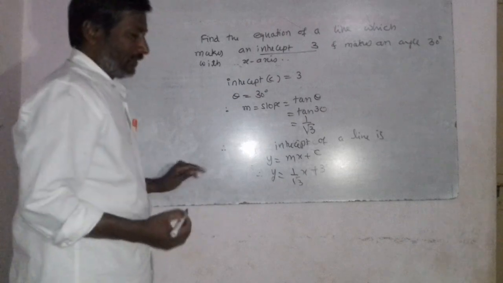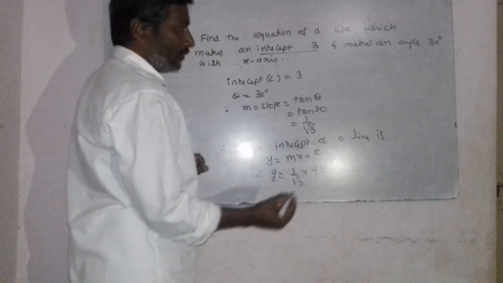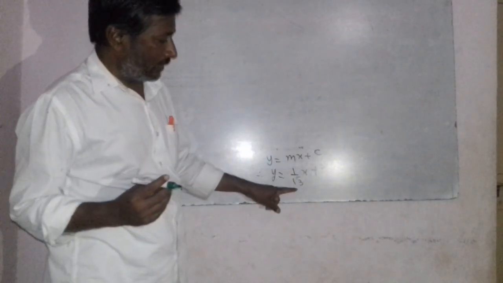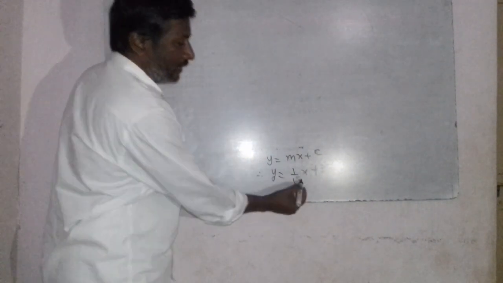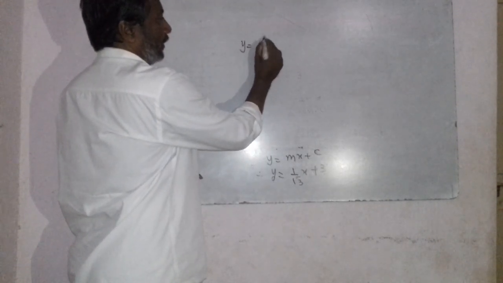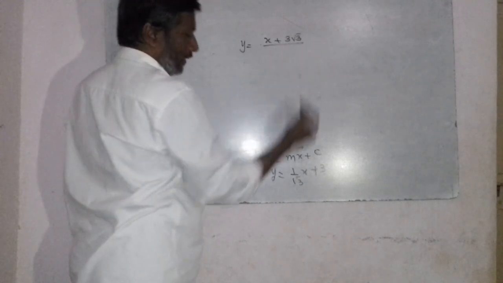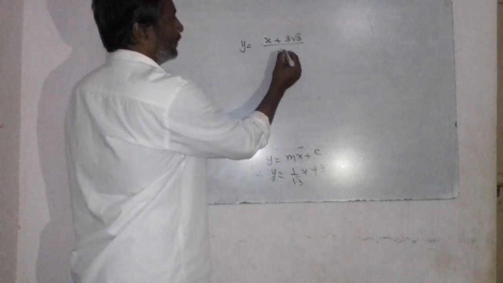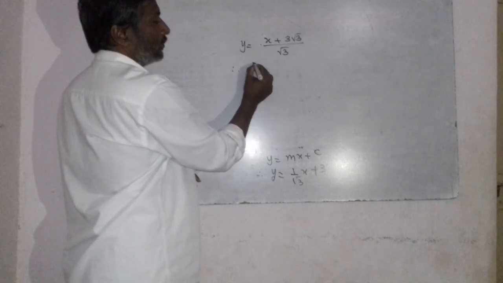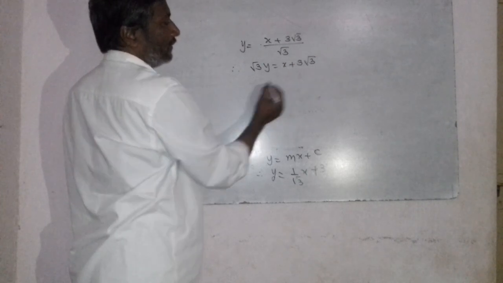So take the LCM here. Y equal to x plus 3 root 3 divided by root 3. Therefore cross multiply, root 3 y equal to x plus 3 root 3.